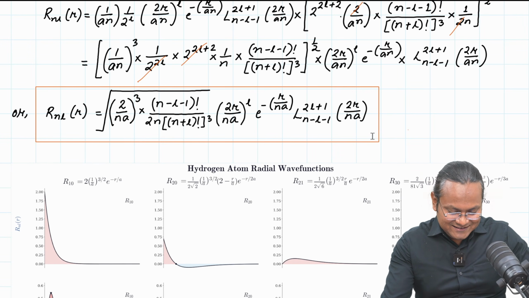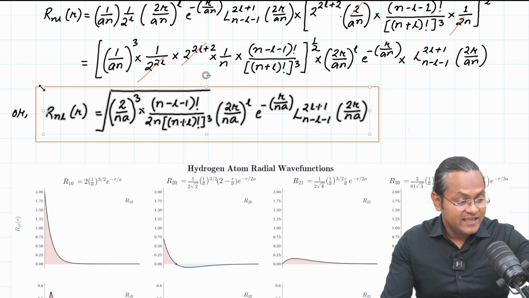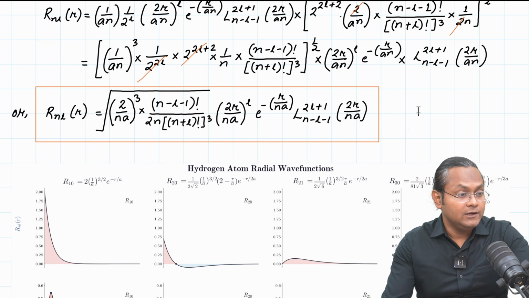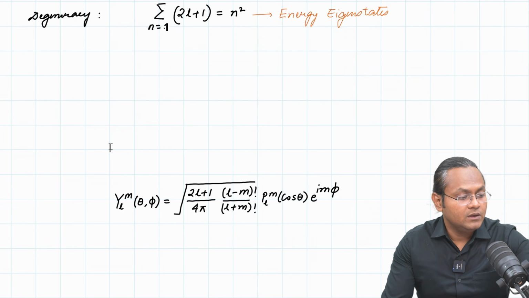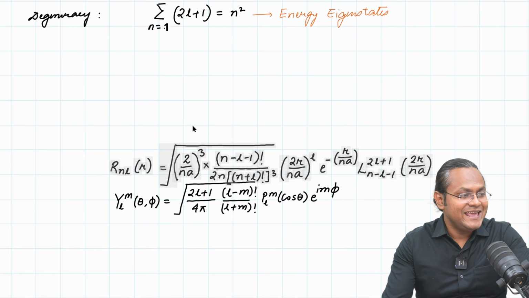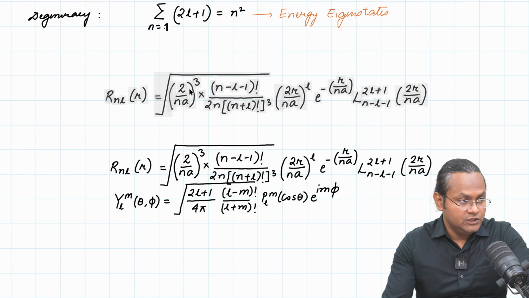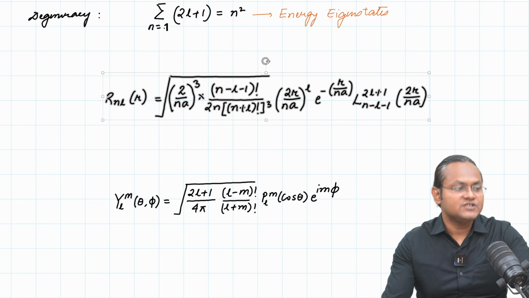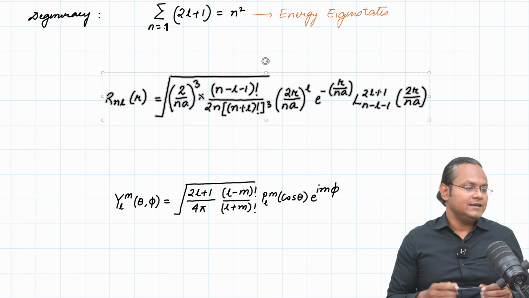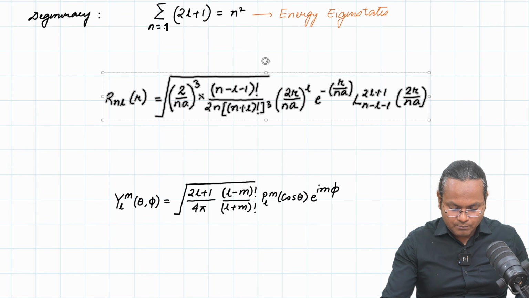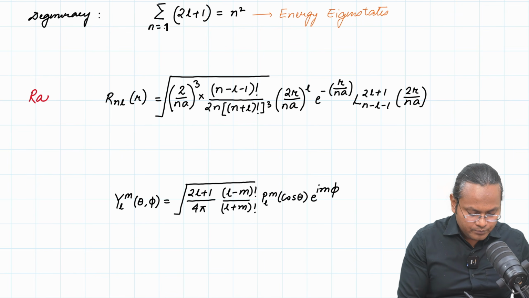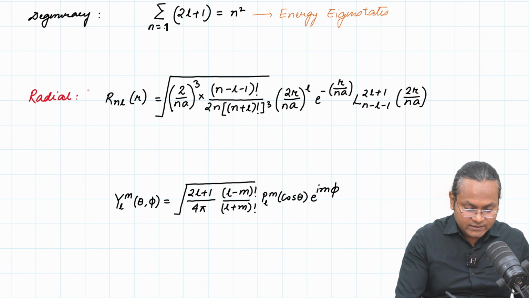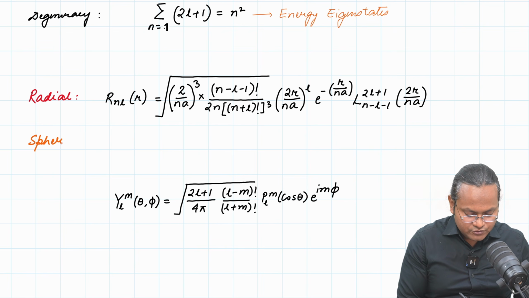We end up getting extremely complicated looking expressions. But I have to note here that the hydrogen atom is one of those problems that can be analytically solved using the Schrödinger equation. This is one of those simpler systems that can be solved by the Schrödinger equation. So this is the radial solution, and these are the spherical harmonics or the spherical solutions.